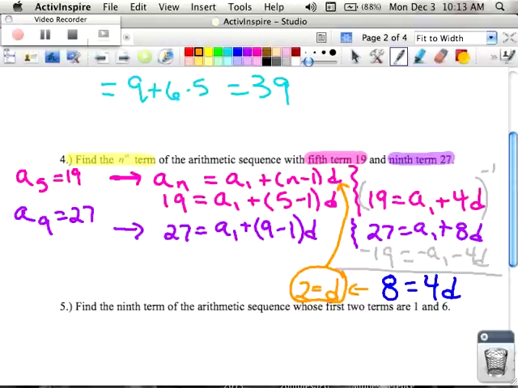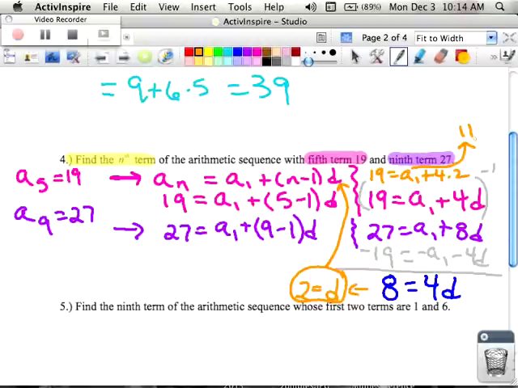So for example, let's say I take that d and I shove it back into the pink equation on the far right. 19 equals a1 plus 4d. If I did that, I would have 19 equals a1 plus 4 times 2. Or in other words, I know that the a1 has to be 11, because 11 plus 8 is 19.